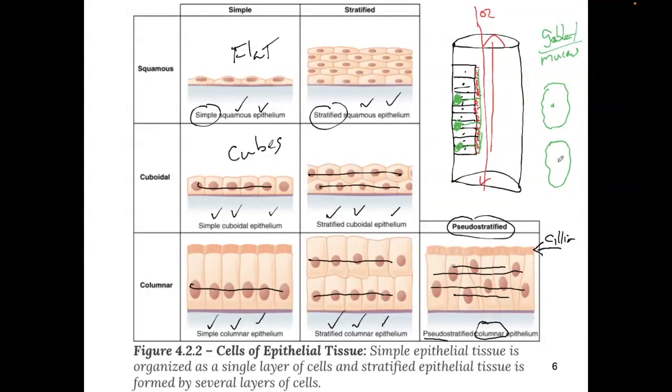And when one cell type is replaced by another, there's a term for that called metaplasia. Metaplasia means one cell type has died and it's morphing and becoming something else that it shouldn't.